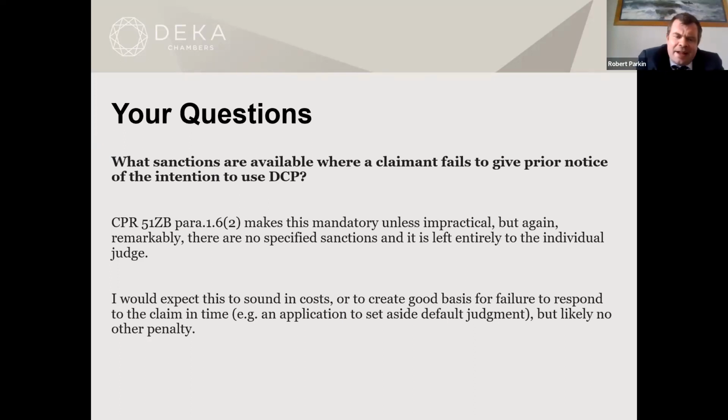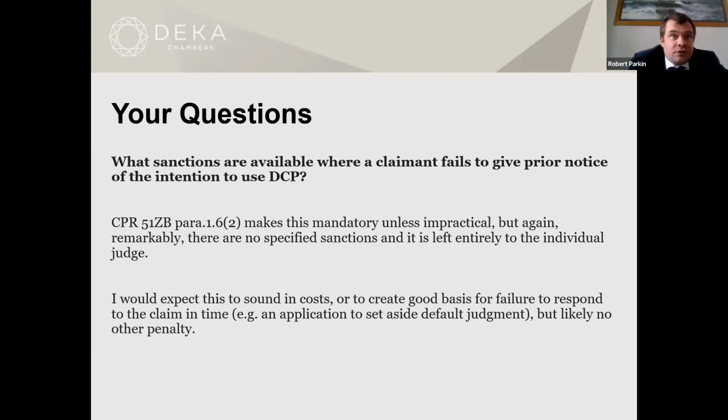But again, there are no specified sanctions and it's left entirely to the individual judge. Realistically, I would expect that to sound in costs. I would say it's analogous to failure to serve an appropriate letter before claim. That's what I'd expect. But it could have a much worse situation than that.